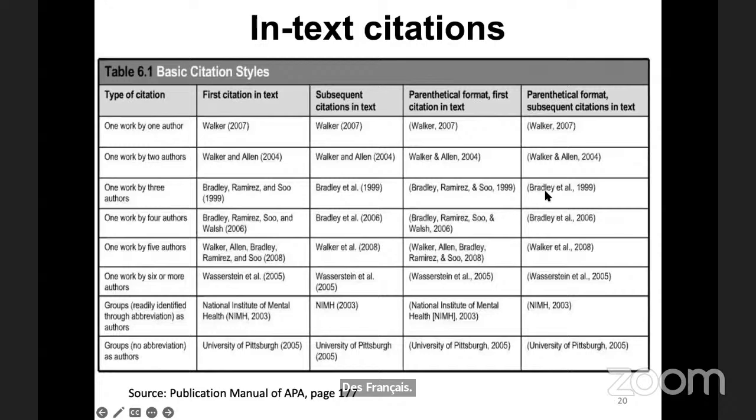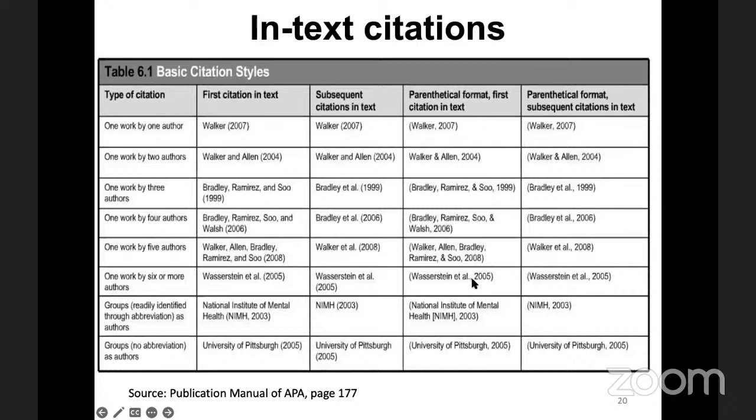Same thing for the second time in the parenthetical format, you need to use the et al format. Same thing for one work by 4 authors and one work by 5 authors. It's the same thing as 3. However, for one work by 6 or more authors, all the time you need to use et al.